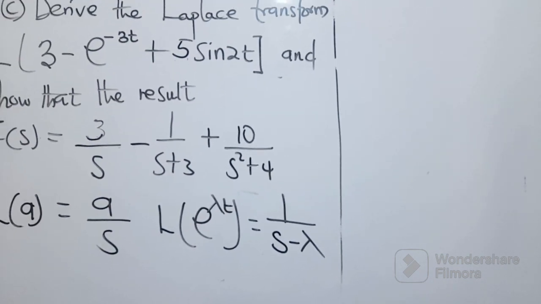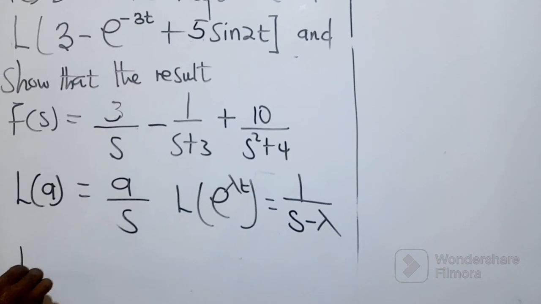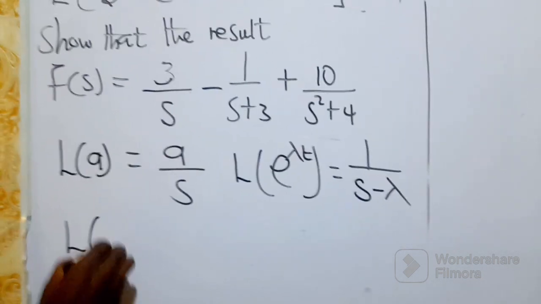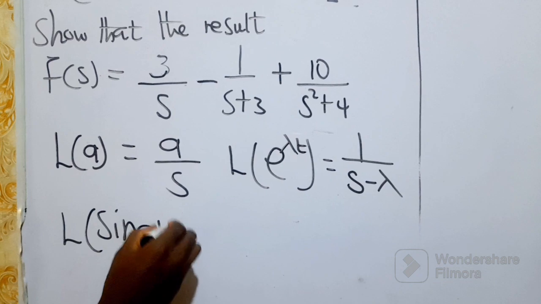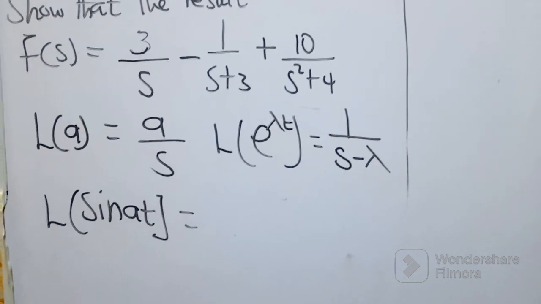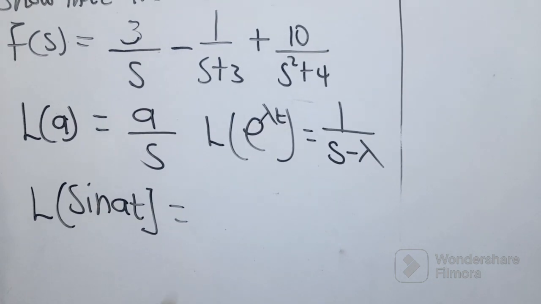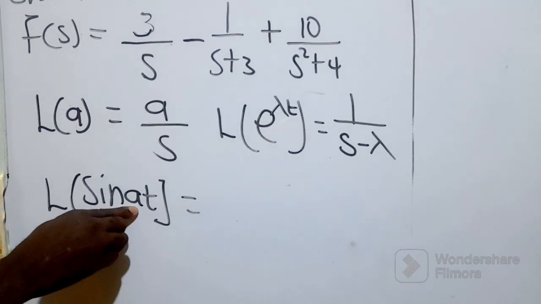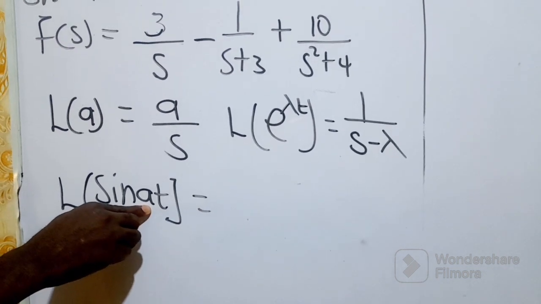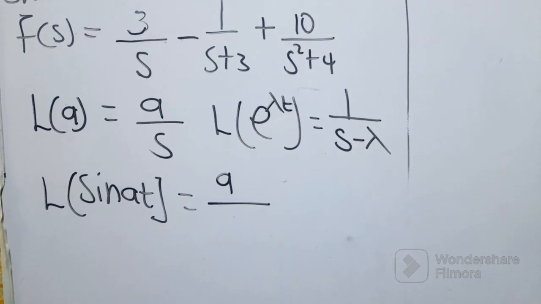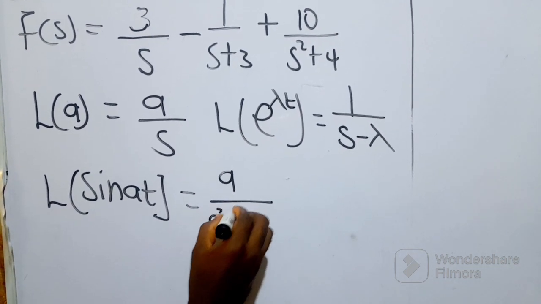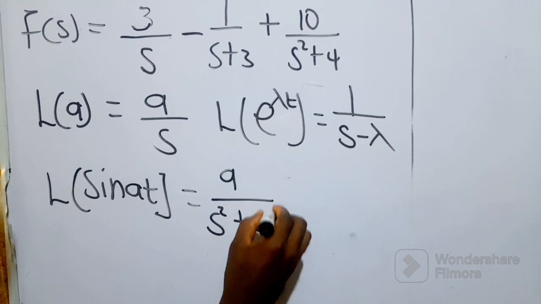I hope you get that. However, the Laplace of the function sine at, that's the Laplace of any sine function, will be equal to a over s squared plus the constant squared.